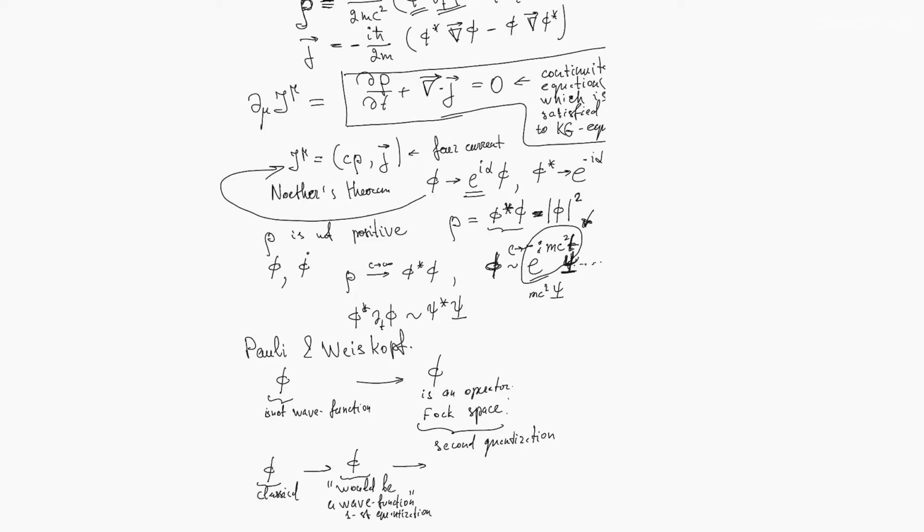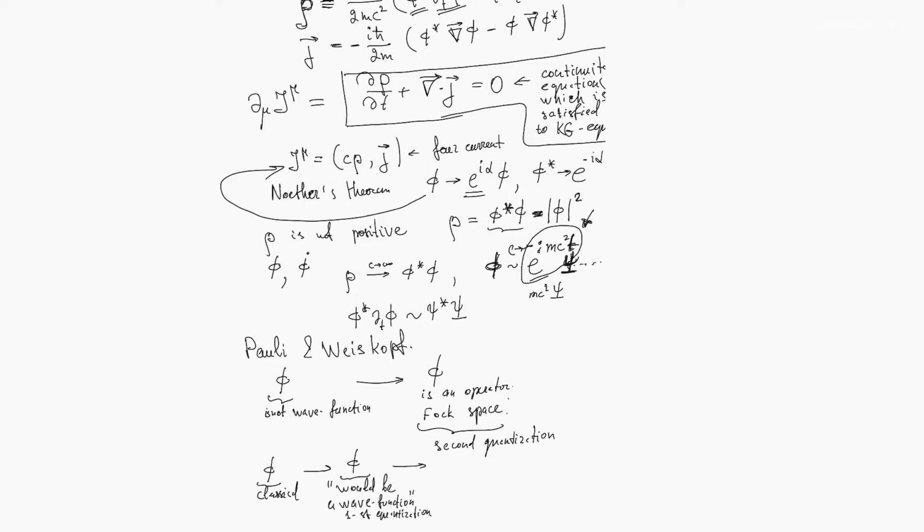And phi now is interpreted as a wave function, but in fact, it's not a wave function. So I need to quantize it again to promote it to an operator acting in some Hilbert space, which in this case is a Fock space.